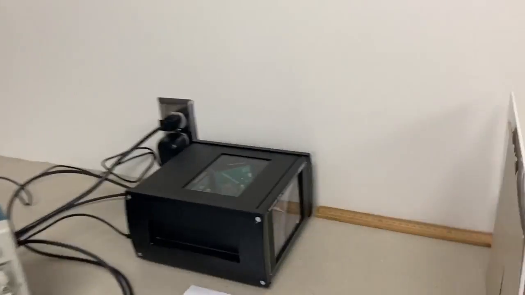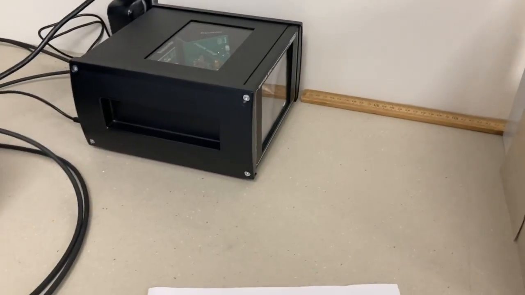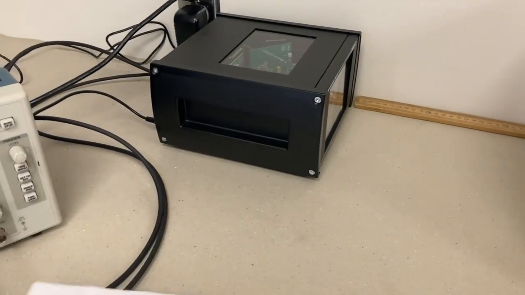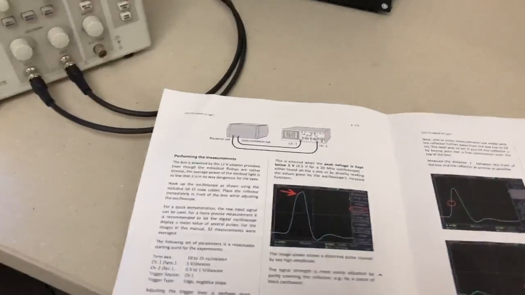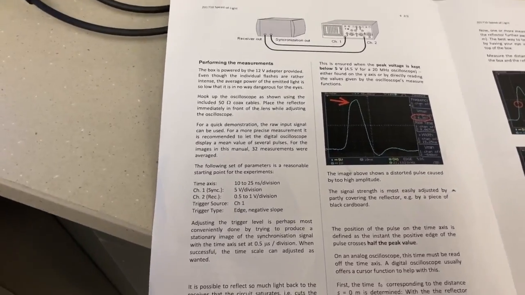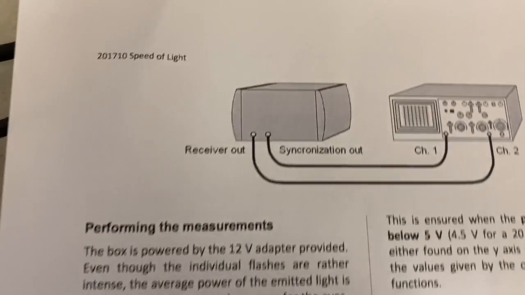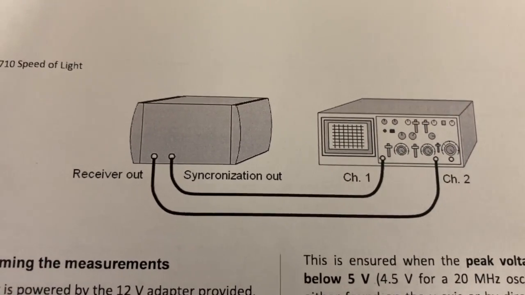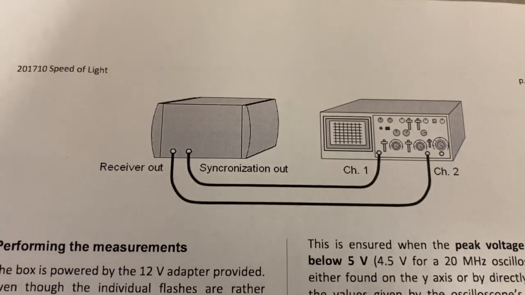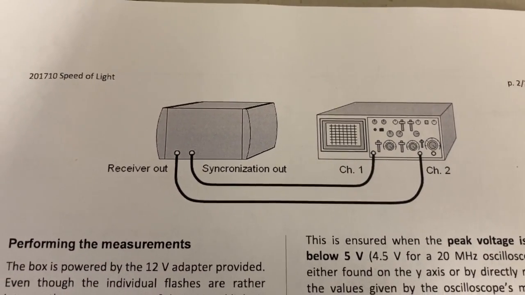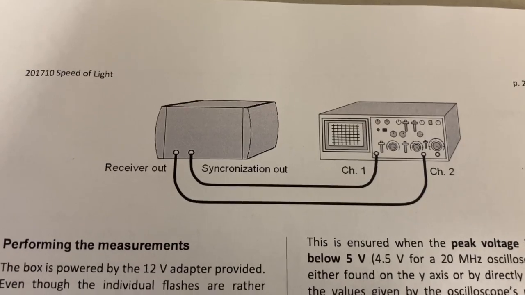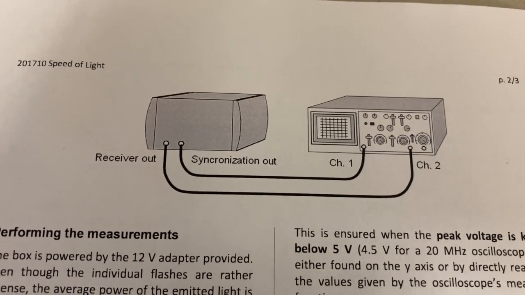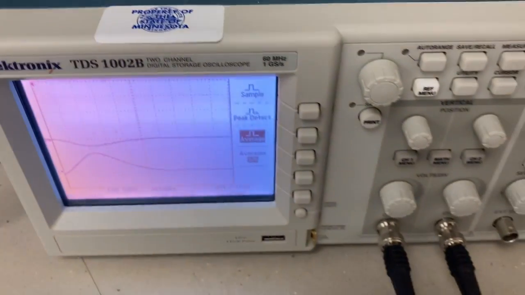And then giving you a little more introduction to this, the speed of light was first measured a long time ago. We're not going to get into details there. So as the example here, we have the laser device, we have the receiver, which then goes into the oscilloscope, channel 2 in this case.